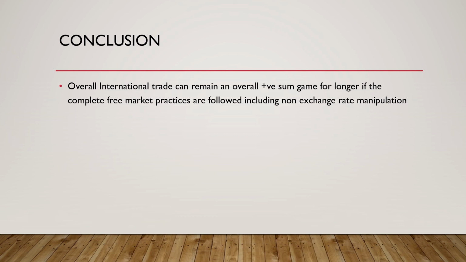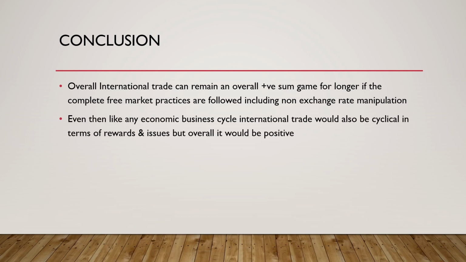So overall, international trade can remain a positive sum game for longer if complete free market practices are allowed to be followed, that is, no exchange rate manipulation. Even when there is a free exchange rate policy, like any economic and business cycle, the international trade cycle would also follow the same rules.